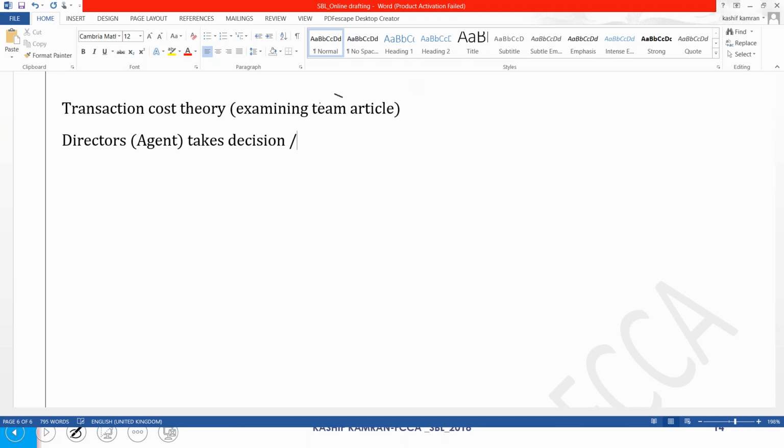And each decision has a cost. A director takes decisions and each decision has a cost. For example, number 1, procurement decisions.